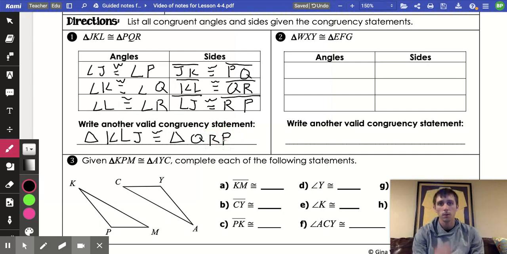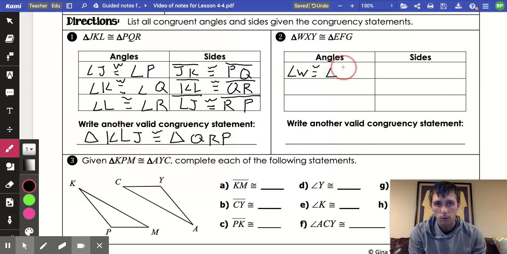All right, so let's take a look at number 2. The angles. So we would have angle W is congruent to which angle? Angle E. Now we have angle X is congruent to angle F. And then angle Y is congruent to angle G. Now let's do the sides.